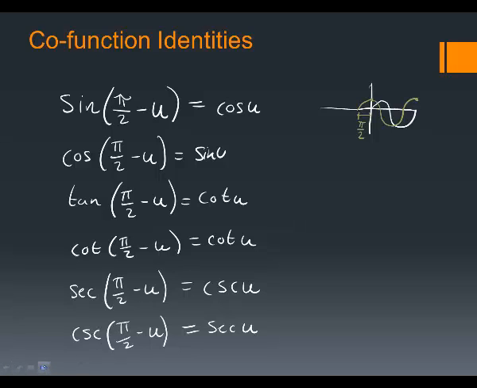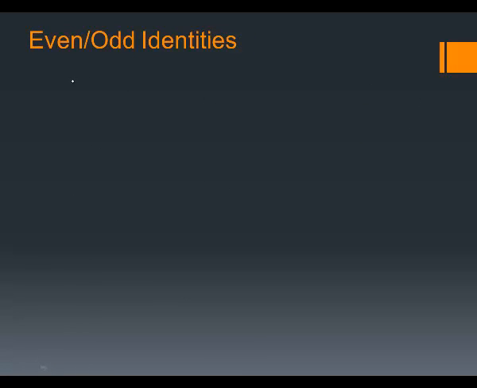So let's move on. Even and odd functions. These are really handy. Sine of negative u, we can actually write as negative sine of u. Cosecant negative u equals negative cosecant u.